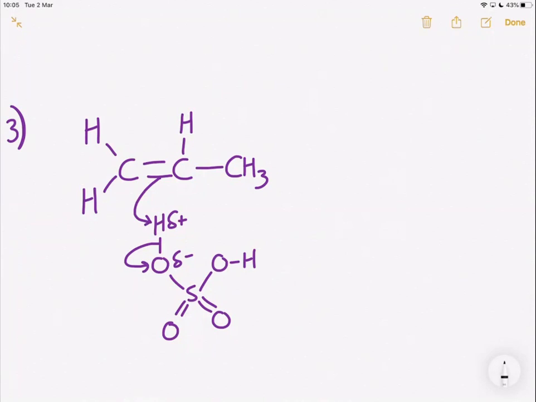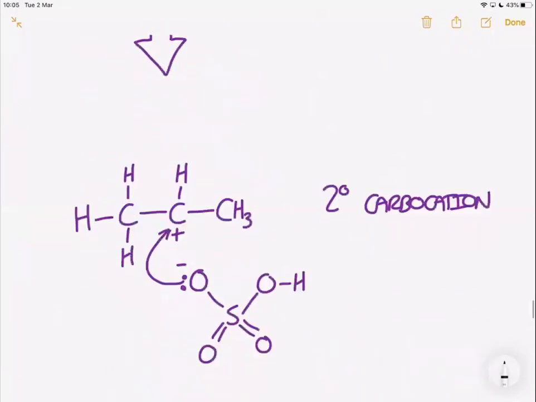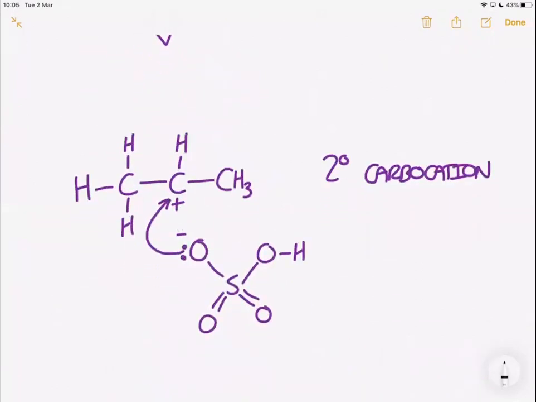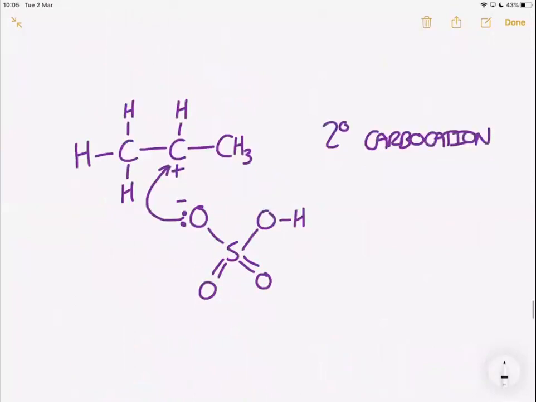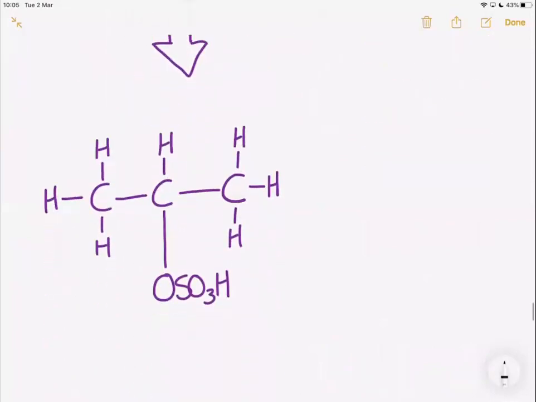So we've got the first step, 2 curly arrows there. It's going to go this way because that's a secondary carbocation as opposed to the positive charge being on the left-hand side. And you're going to get that, right, as your major product.